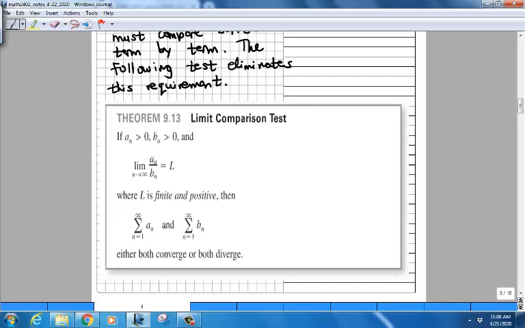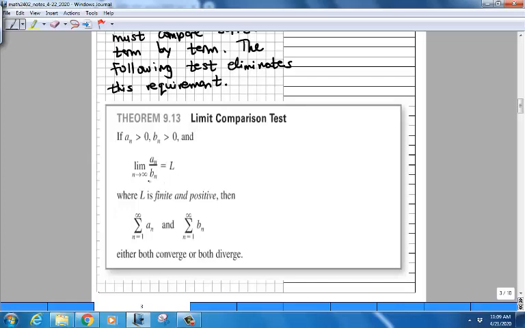You're still doing a comparison from a new series to a series that you already know something about. But how we do the comparison is we take the terms of one series and divide them by the terms of the second series, and then we take the limit of that quotient as your index n goes to infinity. That's where the term limit comes in.